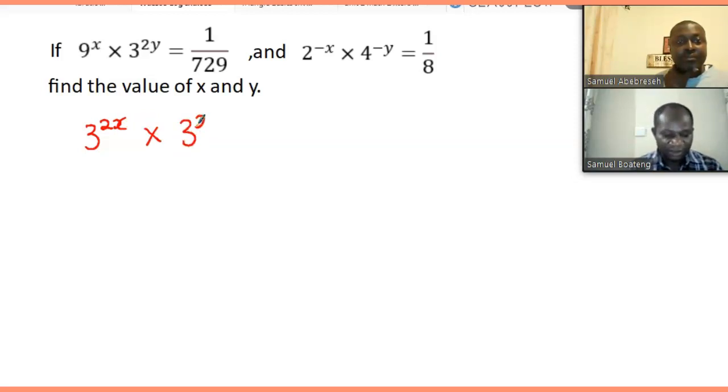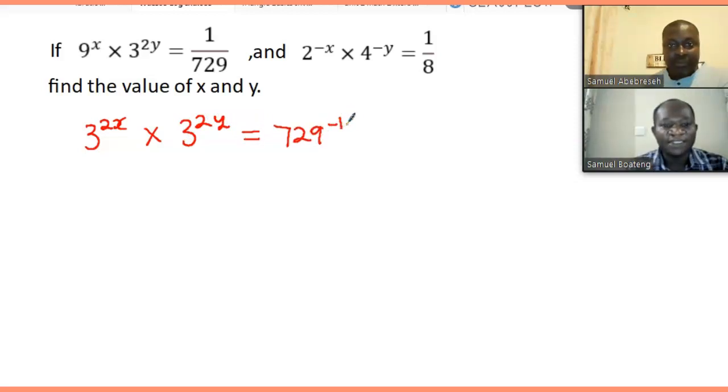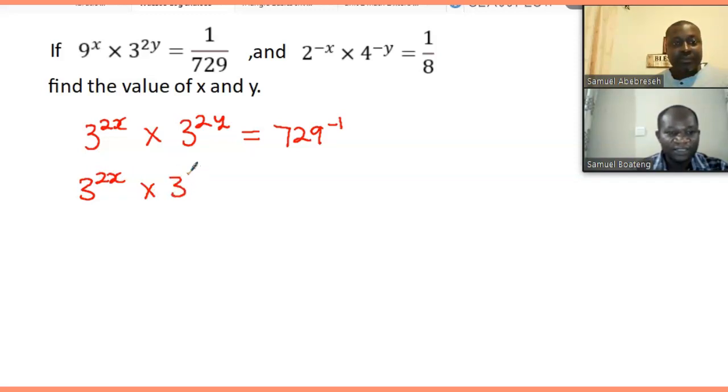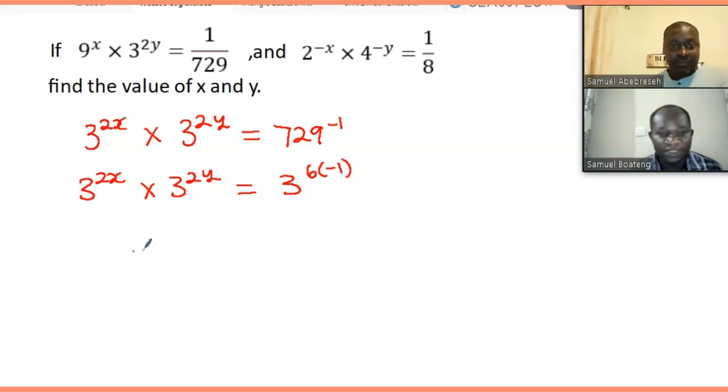So we have 3 to the power 2x times 3 to the power 2y is equal to 3 raised to the power 6. 729 can be written as 3 raised to the power 6, so multiplying the power minus 1.